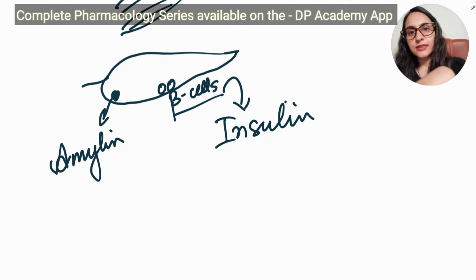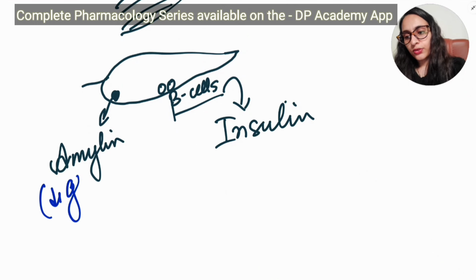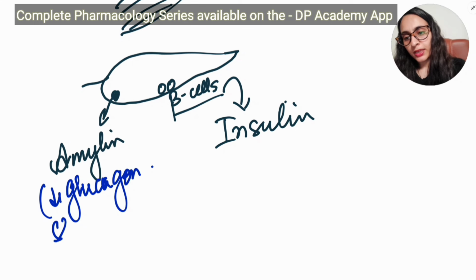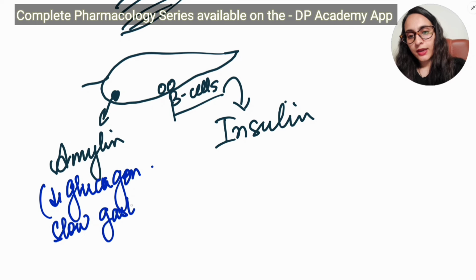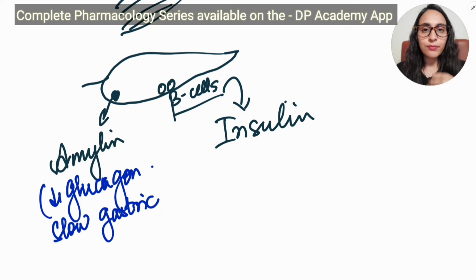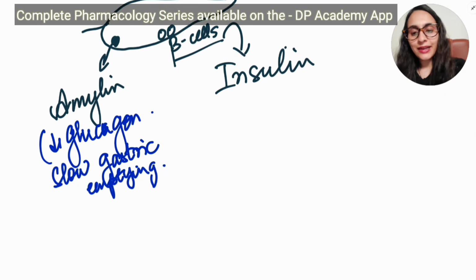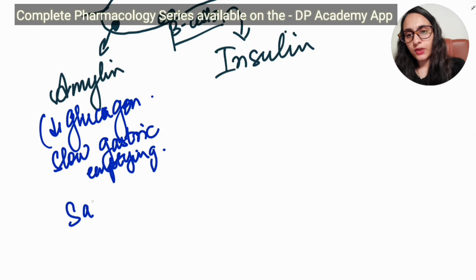Amylin decreases glucagon. Amylin also slows down gastric emptying and causes the satiety feeling. After you eat something, you feel that your stomach is full. This meal-ending satiety is also felt because of the amylin.